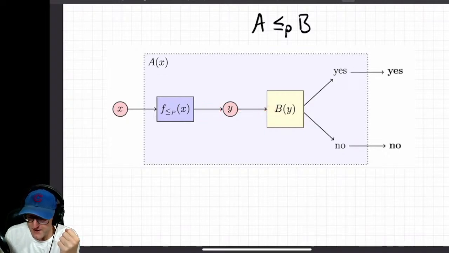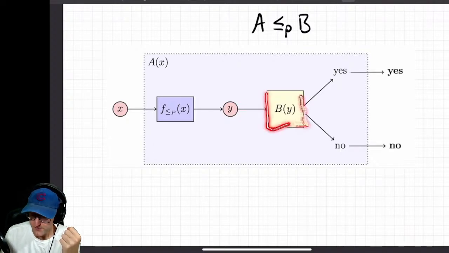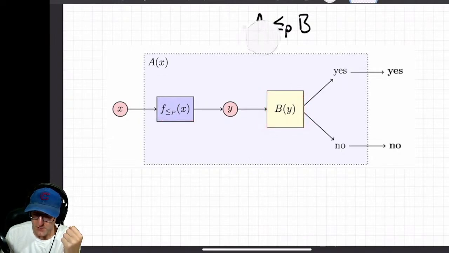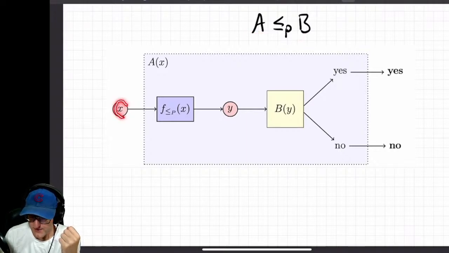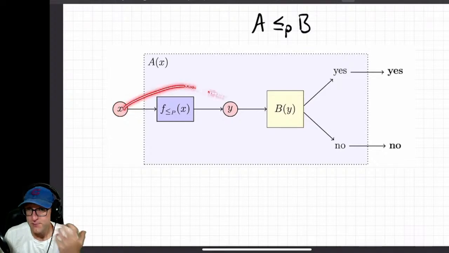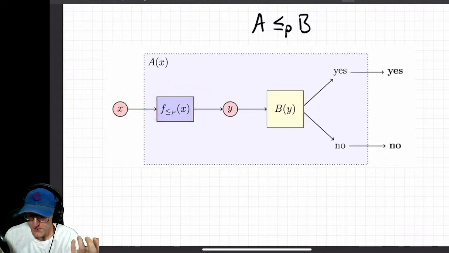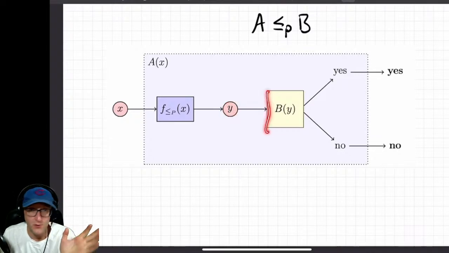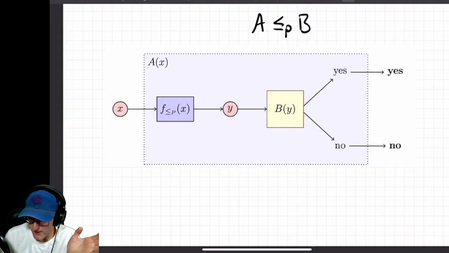The idea here is that I don't know how to solve A, but I do know how to solve B. And I also know how to translate instances of A into instances of B by putting it through this mapping function. Once I've got Y, all I need to do is input it into this black box that I have for B that somebody else wrote, NetworkX wrote it for me or whatever, and say, well, if that says yes, I'll say yes. Again, these are decision problems, yes or no. If it says no, I'll say no.